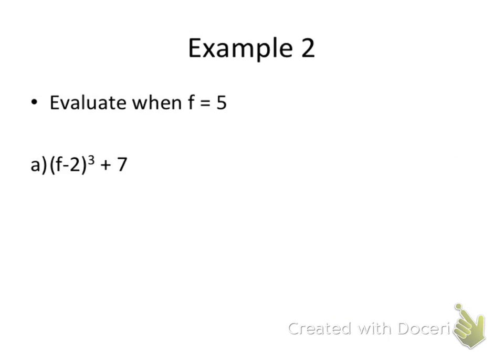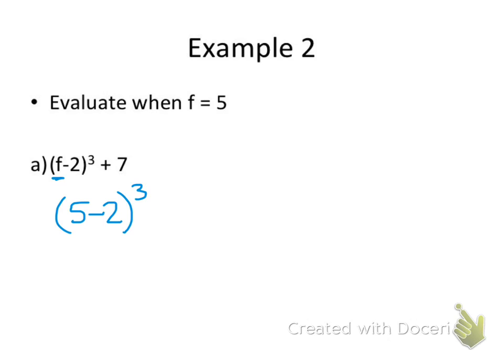Example 2, let's evaluate when f is equal to 5. So, interesting. It's going to go in parentheses and then be raised to a power. So we're going to substitute in for this f the number 5. So I'll rewrite it.